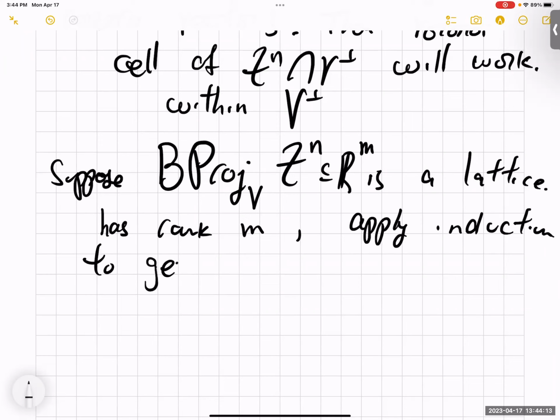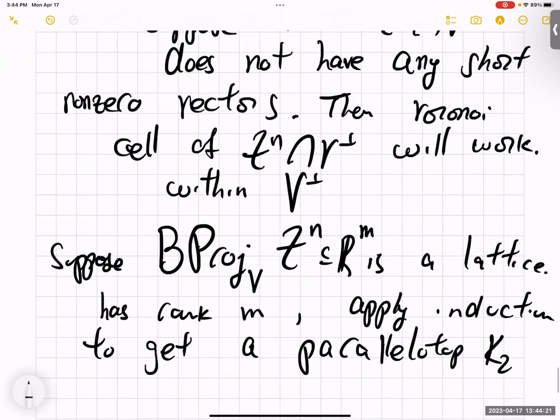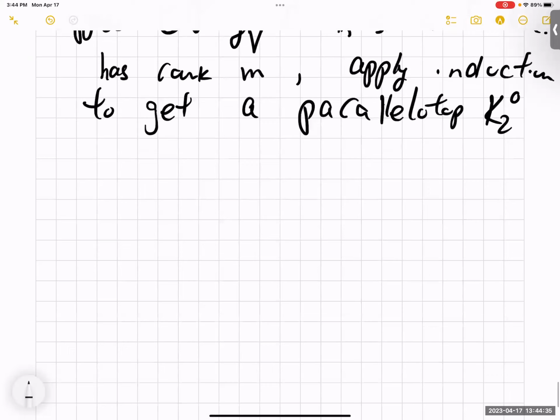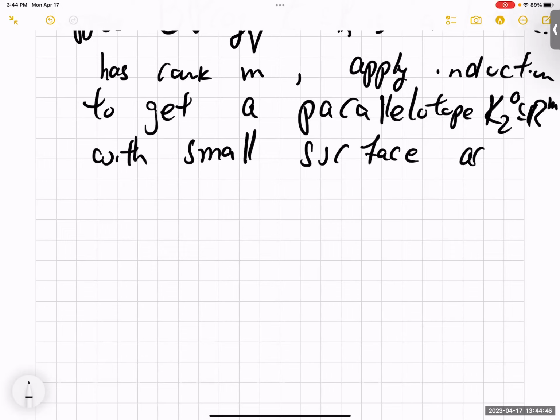to get a parallelotope K2. So then the Voronoi cell, I should give it a name, what I got here, K1, that was the subset that I get within V perp. Let's call it K20, it's inside R^m with small surface area. I need to get a body inside V, inside R^n.